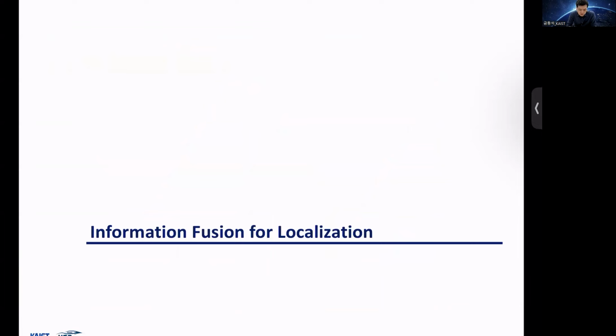So that's how most level 5 or level 4 autonomous vehicles find their positions. So let's talk a little bit more about how localization is done and how mapping is done.